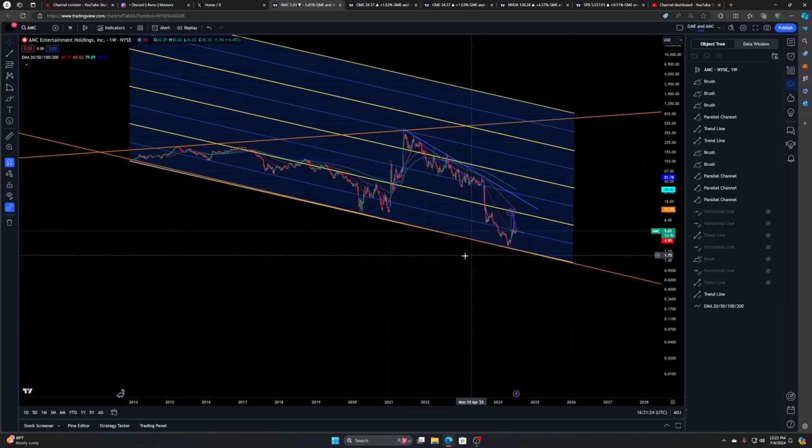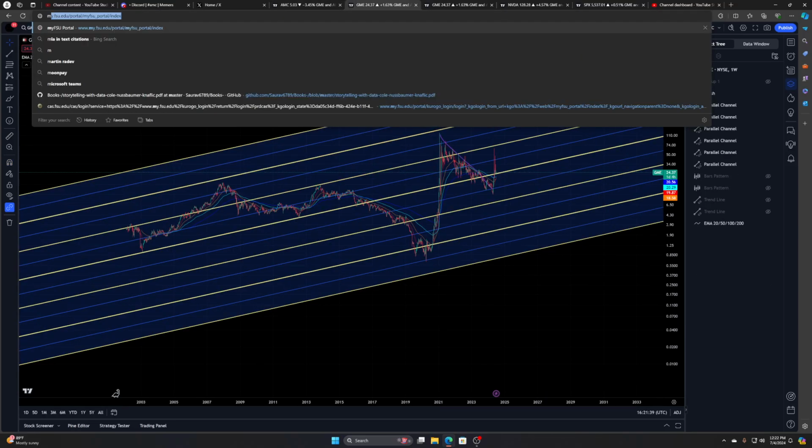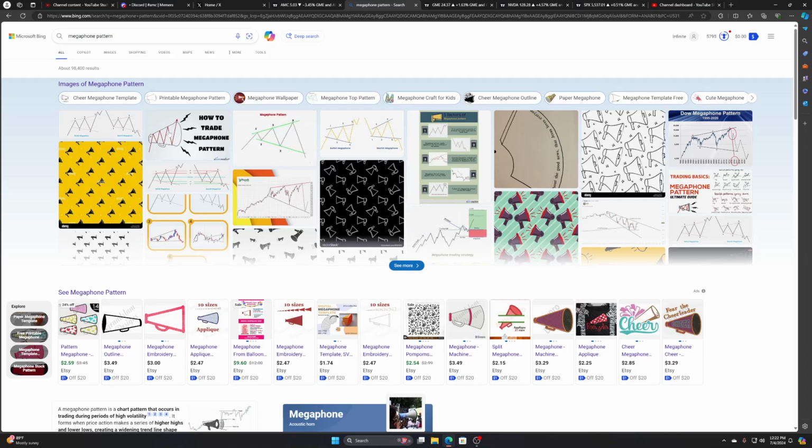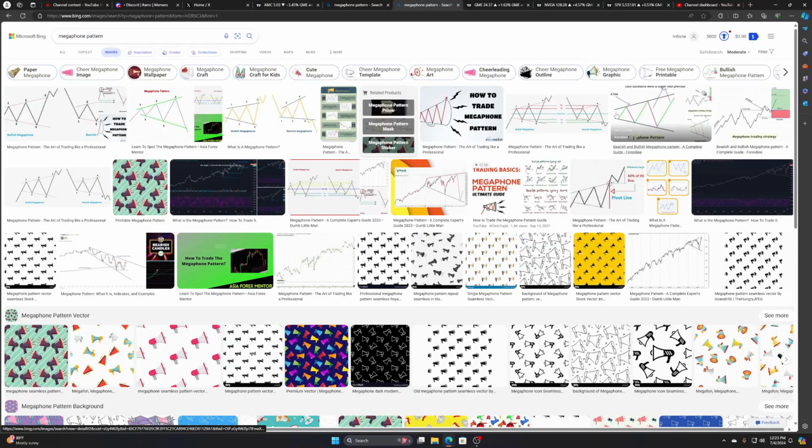Now, something that's interesting with AMC is that it could literally just be a huge megaphone. I don't know if you guys know what a megaphone pattern is, but let me show you real quick.